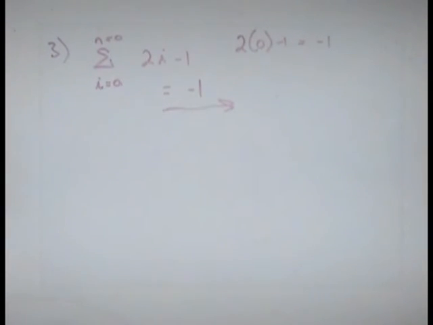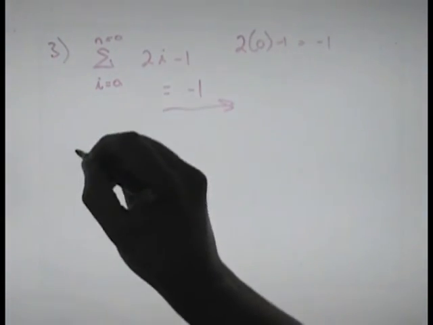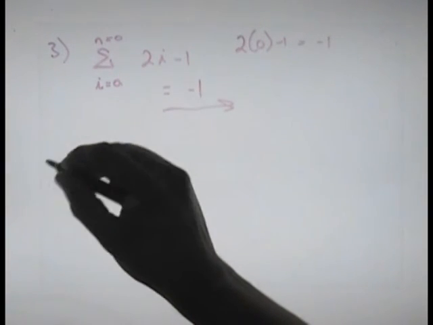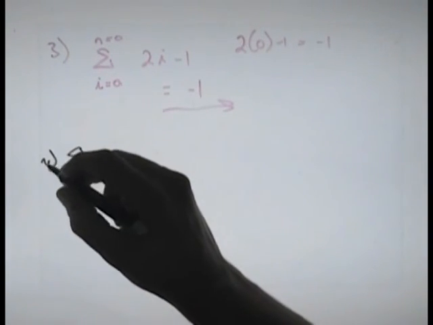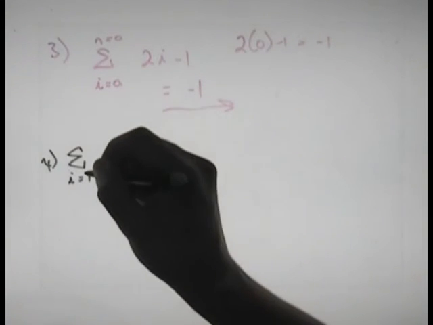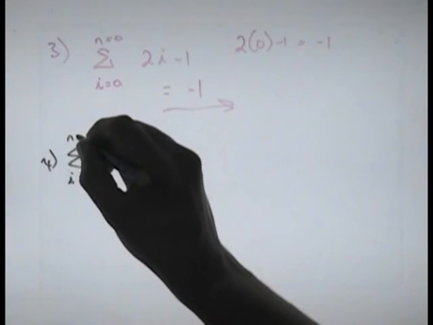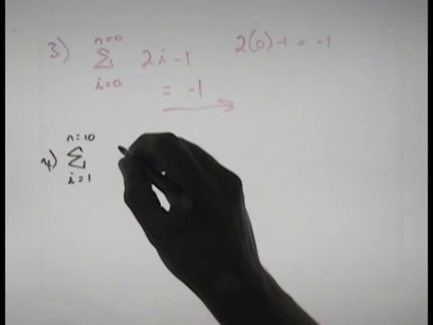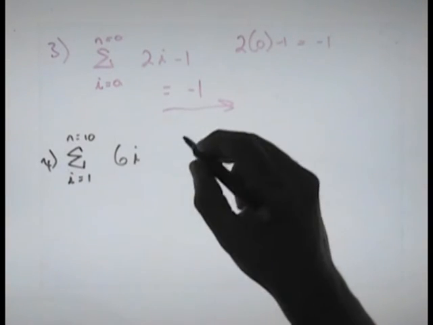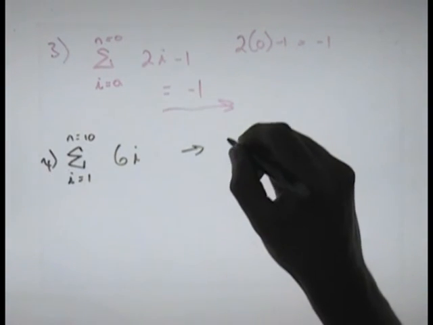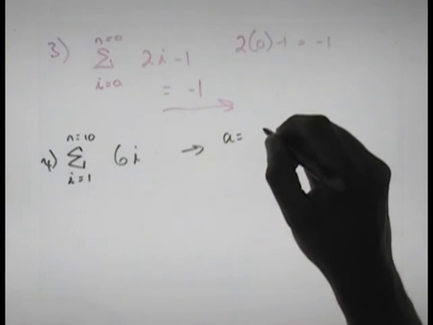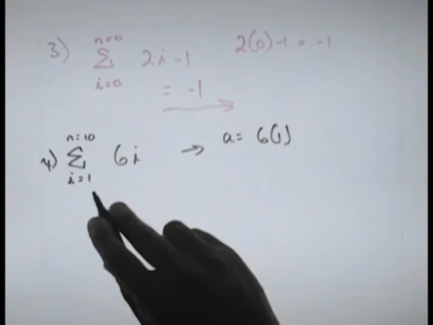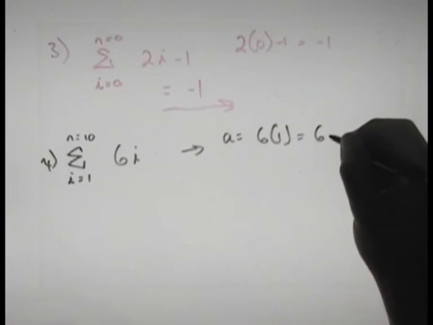The fourth one I gave you to do said sum of where i is equal to 1, n is equal to 10 of 6i. That means that our first term a is going to equal 6 multiplied by 1, which is equal to 6.